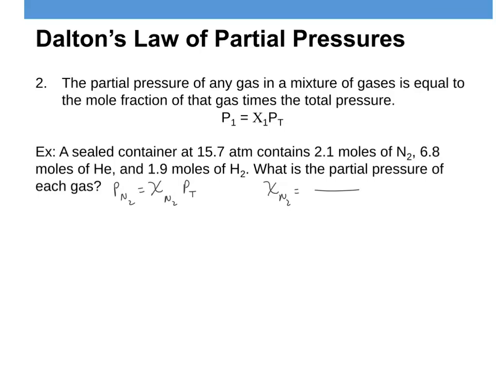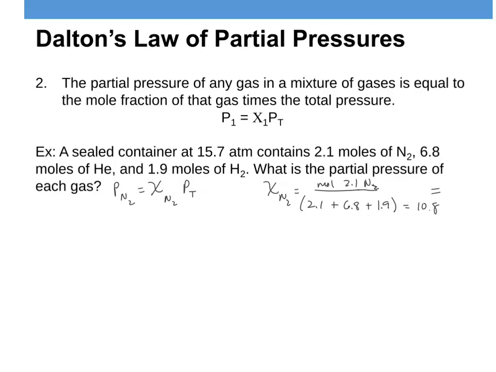So I just need part over whole. I put how many moles of N2 there are, which is 2.1, over how many moles total. So I'm literally going to add up all the moles: 2.1 from nitrogen, plus 6.8 from helium, plus 1.9 from the H2. Add that all up, and that ends up being 10.8.